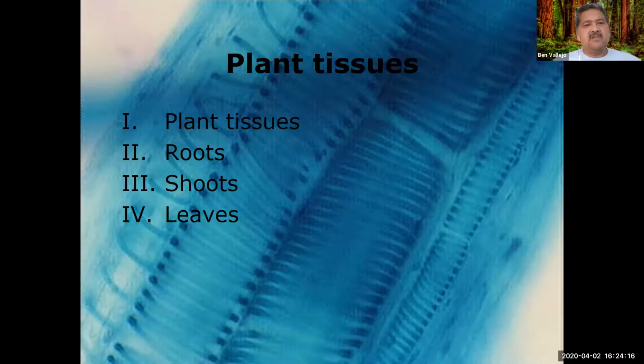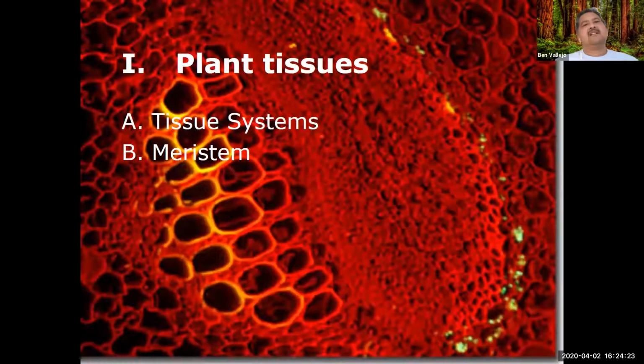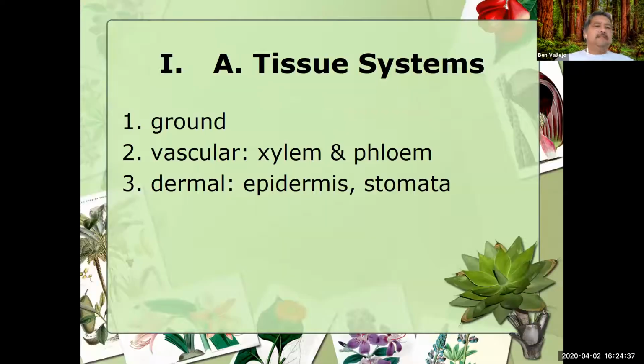First, we'll take a look at general tissues, and then we'll take a look at those three main parts of a flowering plant. In this particular PowerPoint, the background graphics are telling and are significant, and so I'll point those out as we go along.